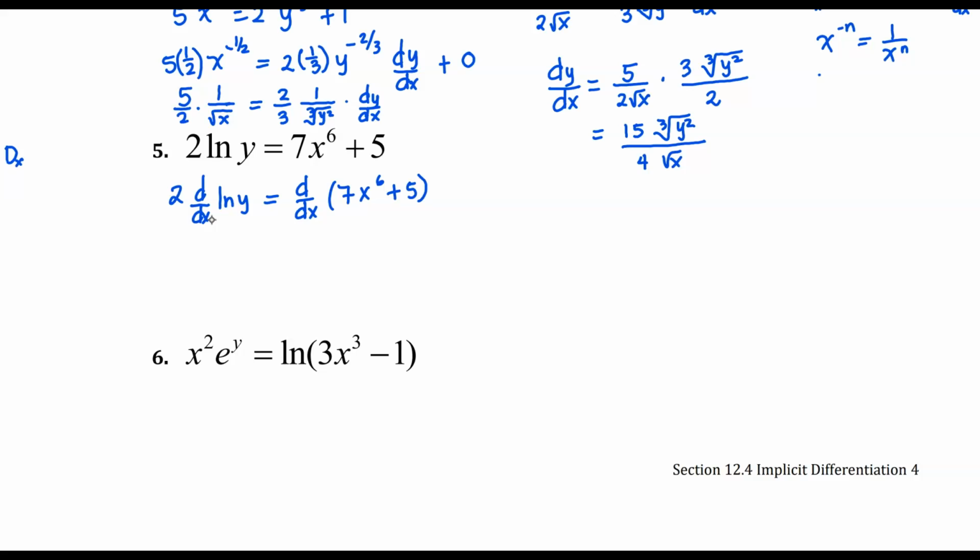If you remember, the derivative of ln u with respect to x is equal to 1 over u times the derivative of u with respect to x.